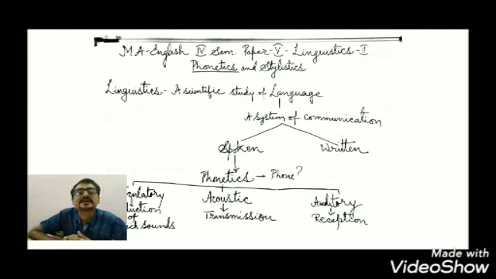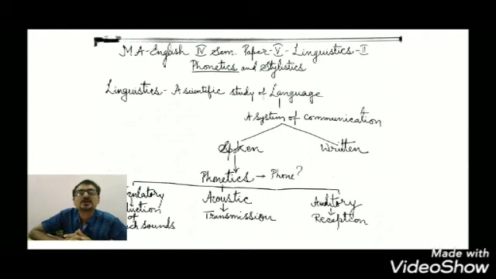So we can say that there are 2 mediums of communication. Out of these 2, the spoken and the written, the spoken medium is considered as primary and more important.